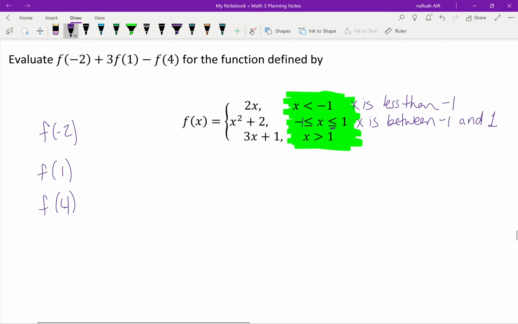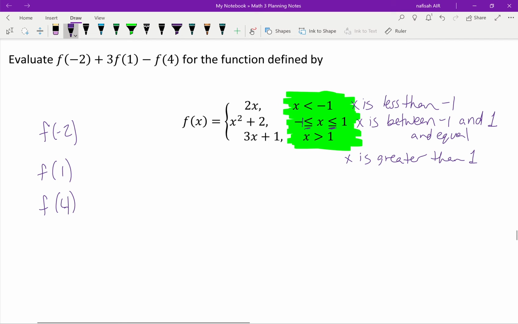But if you notice, it has the or equal to. So I have to make sure that I know that it's between it and equal to it. And this last one, those are the x values where x is greater than 1.